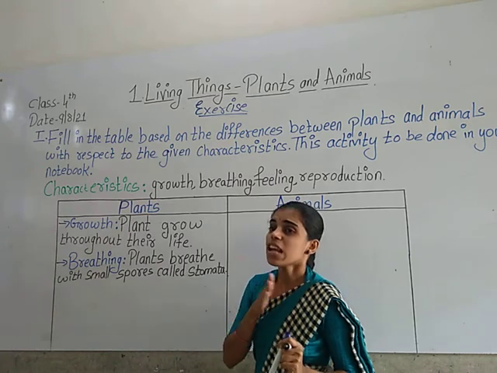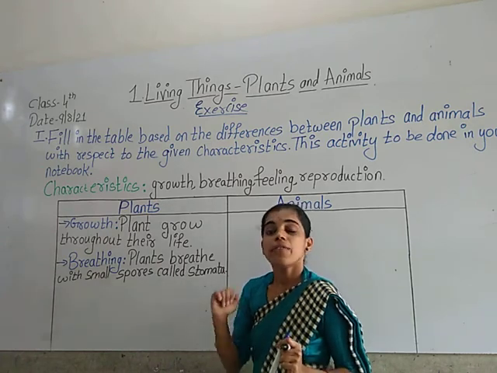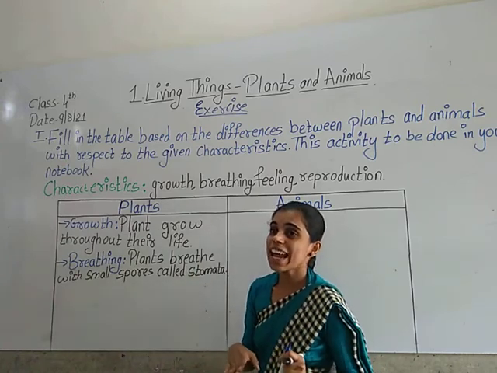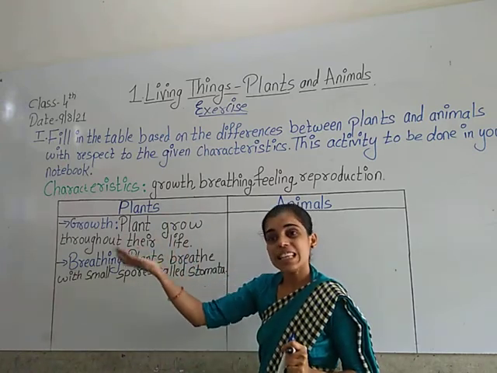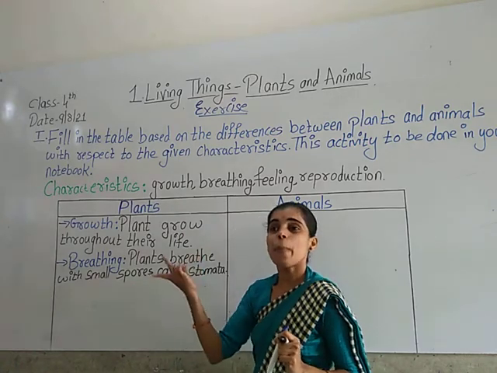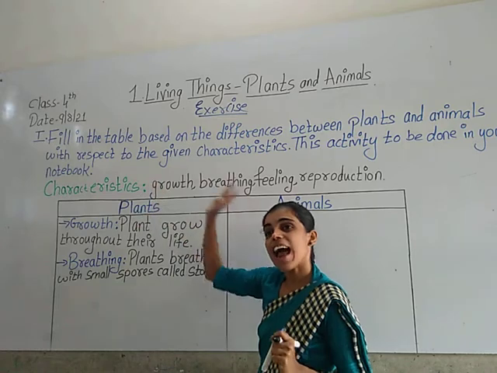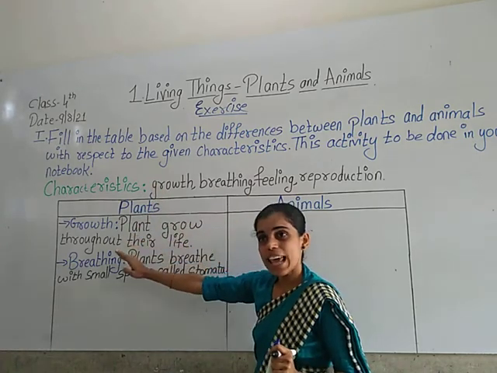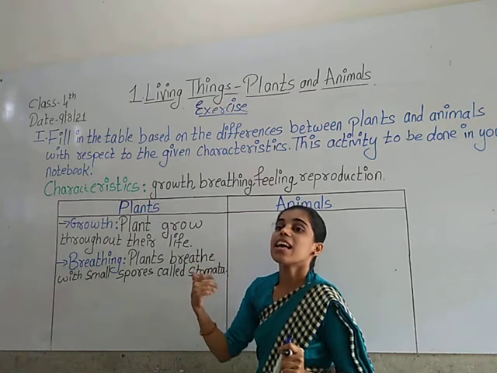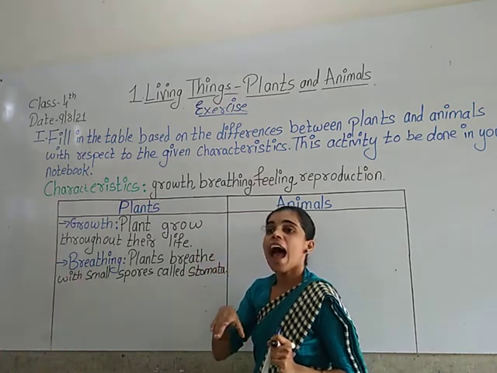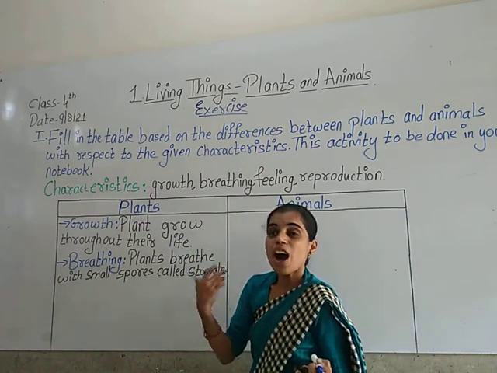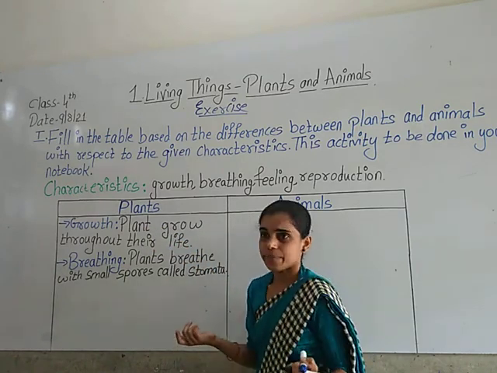So in the human beings, we take the oxygen inside and we leave the carbon dioxide. So there is opposite in plants and animals. Plants will take carbon dioxide air inside and it leaves the oxygen air out in the environment.